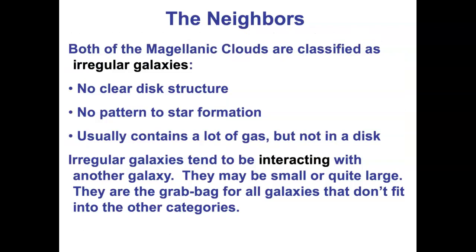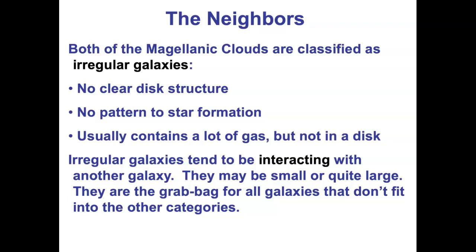These two galaxies, the Magellanic Clouds, are what you call irregular galaxies. So there are three major types of galaxies. There are the spiral galaxies that we looked at last time. There are the irregular galaxies that we're looking at here.